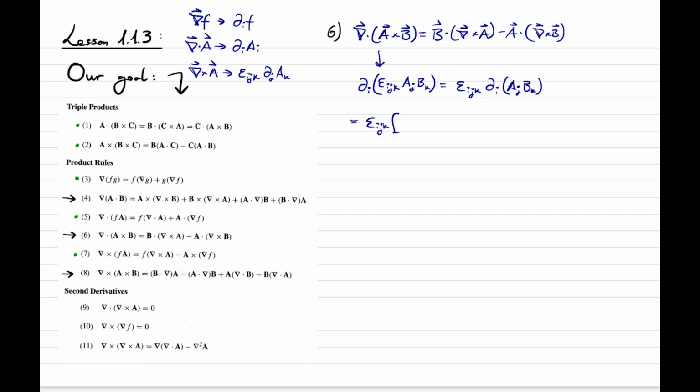So this is just this thing. And now we are going to distribute the epsilon ijk, and now probably you are going to see where I'm going.